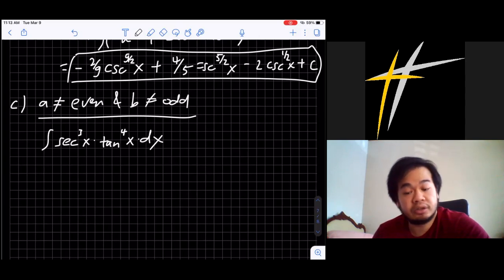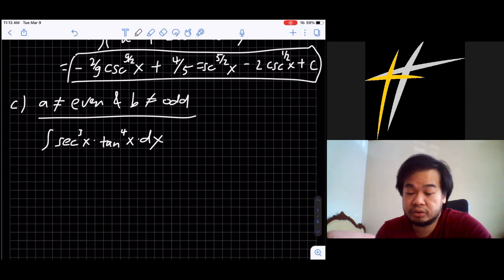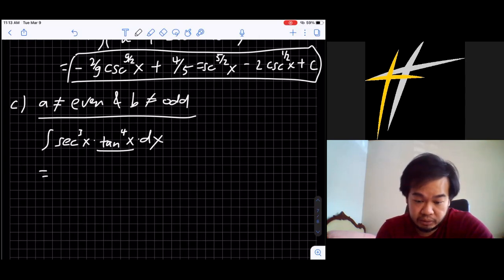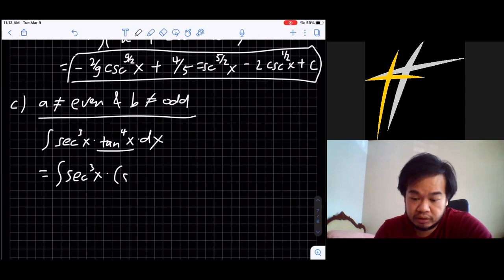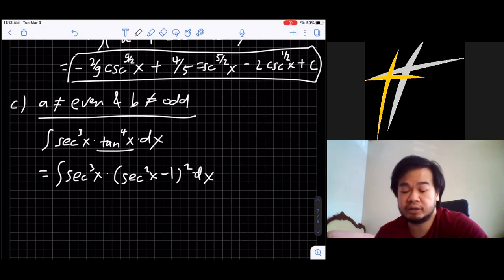Yeah. So then what should I do? If this happens, then you should use the Pythagorean theorem right away, changing the even power. So it's equal to secant cube x times secant square x minus 1 being squared, because the tangent is power of 4, I mean, square.